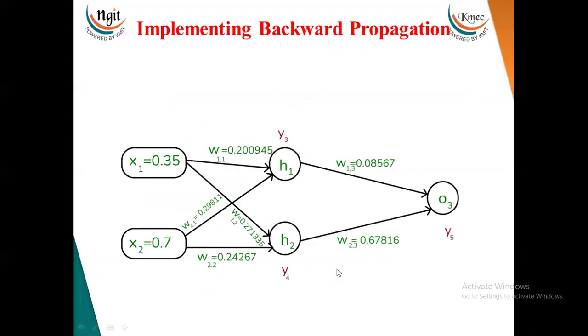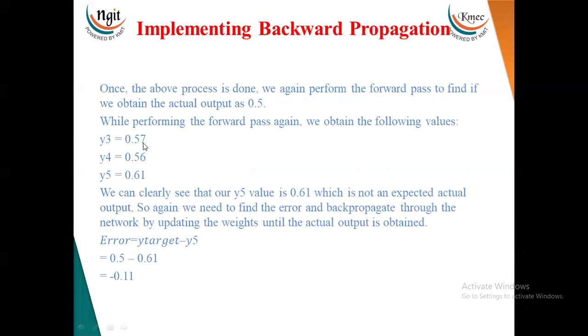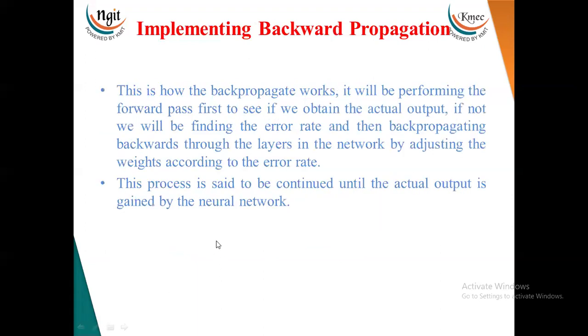After updating all the new weights, I again did the same calculation, Y3, Y4 and Y5, and the error rate is reduced a little bit. This is an iterative process, where we use the forward pass to calculate the output and the backward pass to reduce the error and update the weights. Thank you.